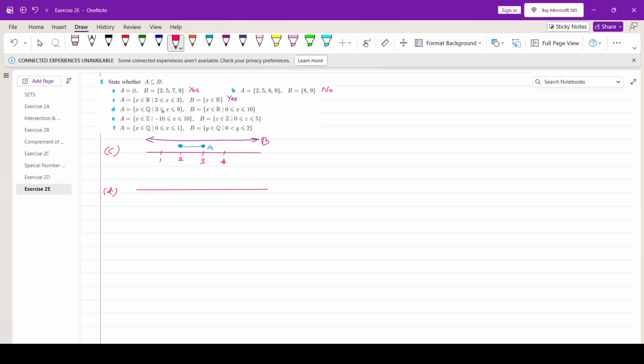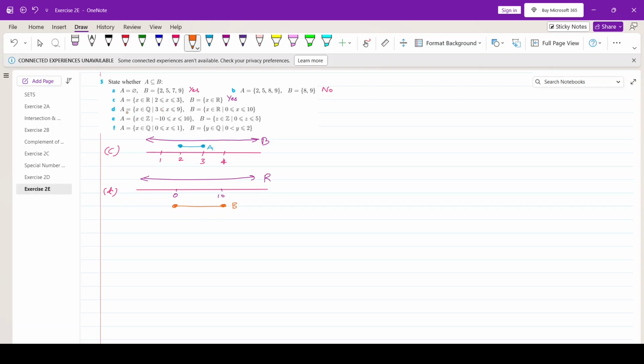Now we know that real number contains everything. So this is real numbers and we know B is from 0 to 10. So if we talk about number line and we have 0 here and 10 here, this will be our B. This is our B.